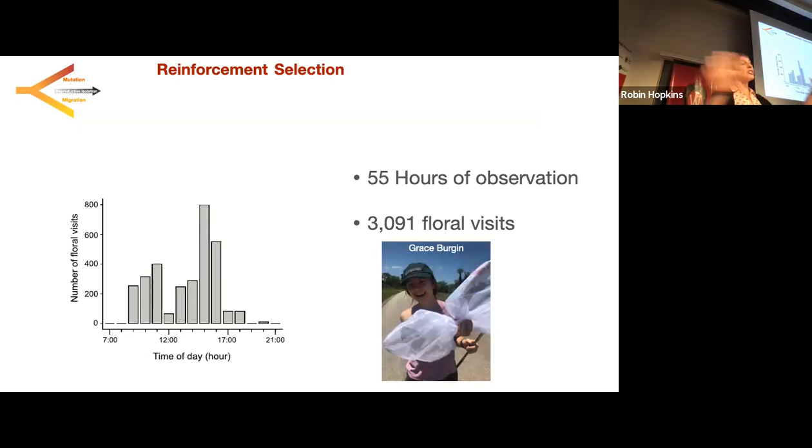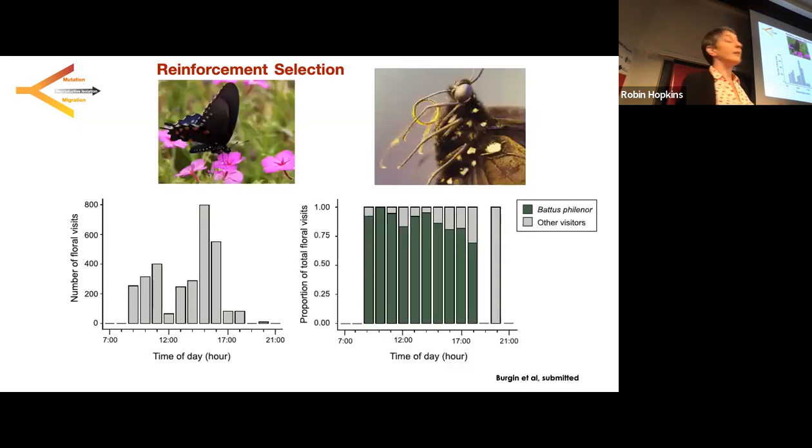She went across a bunch of sites in Texas throughout the course of the day, watched over 3,000 flower visits to different plants, and pretty quickly realized that it's this one pollinator. This pipevine swallowtail, Battus philenor, is an incredibly common butterfly out there, and it's really, really good at pollinating phlox.